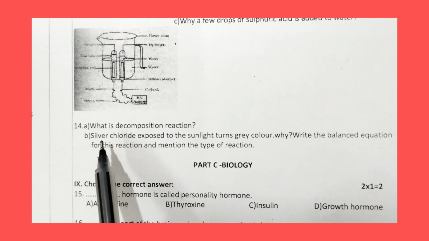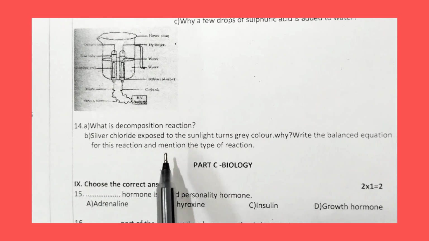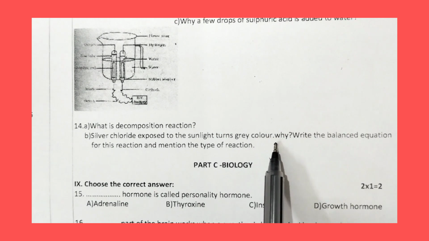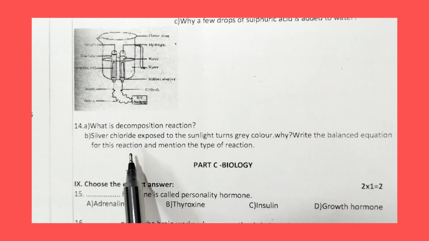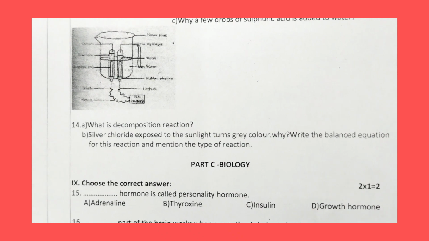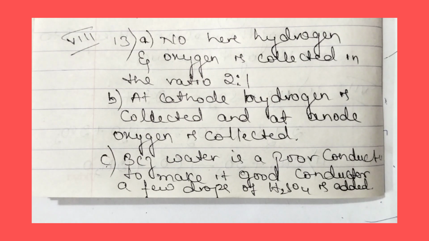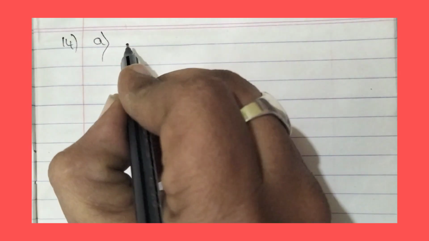What is a decomposition reaction? A. Silver chloride exposed to sunlight turns gray in color. Why? Write the balanced equation for this reaction and mention the type of reaction. So now let us answer 14th A and B. 14th A, what is a decomposition reaction?